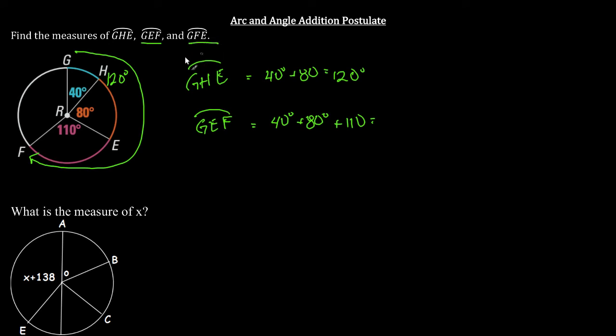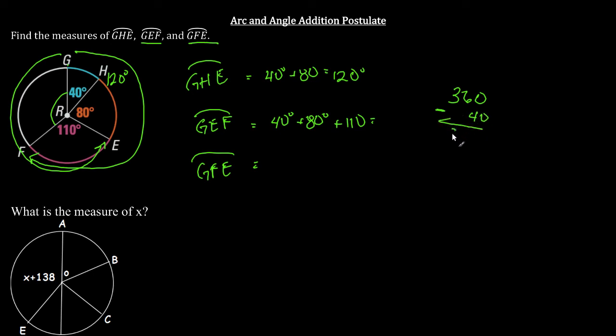Arc GFE. We don't know this part right here, but we can get that. We just take our 360 and take away 40. We get 320.